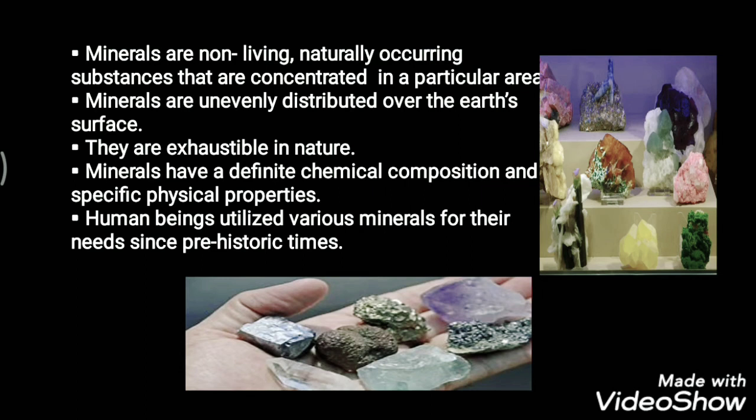We all know that these are non-living and naturally occurring substances. That means there is no human interference. And they are concentrated in a particular area. It's not that it's available in all places. Each area has its particular minerals, and in each area a different percentage of minerals is found.